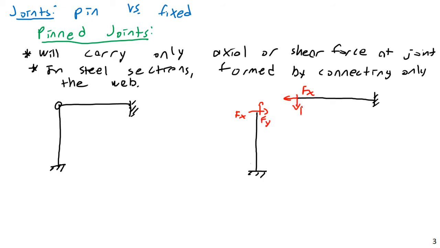When we get to more thorough analysis of frames, we'll have to develop a more systematic way of naming these things, a systematic numbering and lettering scheme. But for now, this is going to be fine.